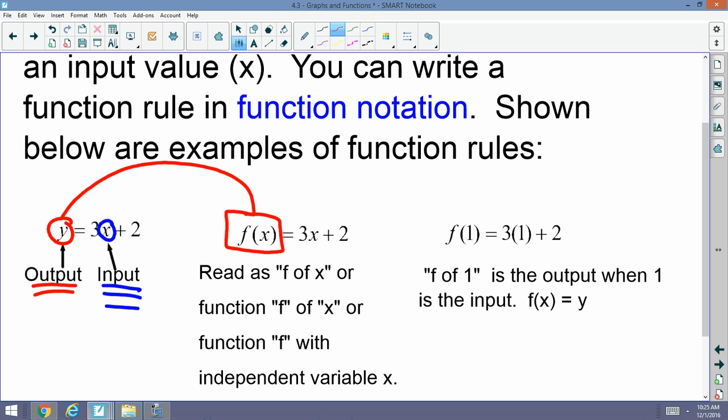This is read as f of x, which means function f with independent variable x. This is just telling you, hey, reader, I'm going to call this function f, but the independent variable is x. Just like if I said g of c, this is function g with independent variable c. So f of x is just a fancy way to write the output, literally.